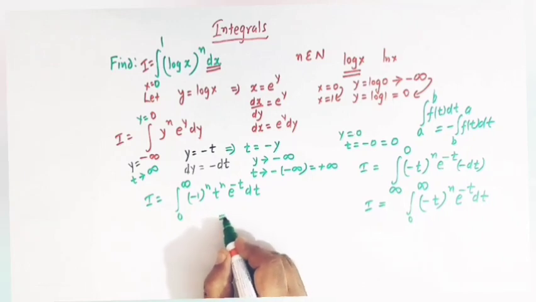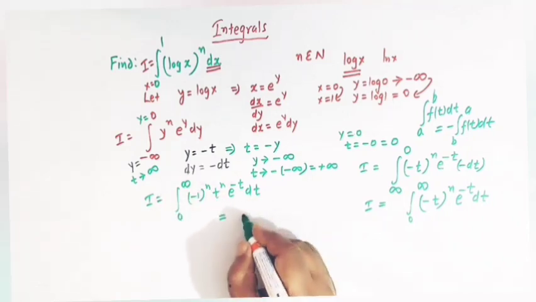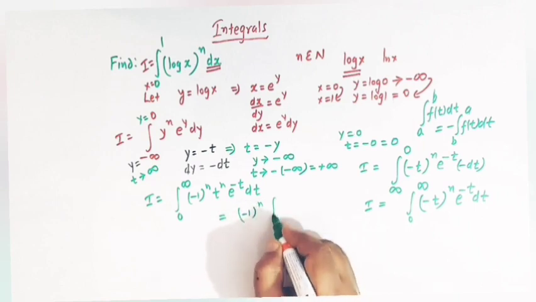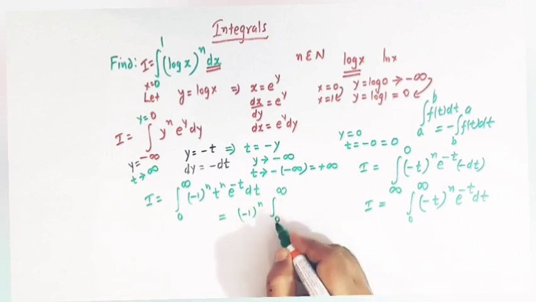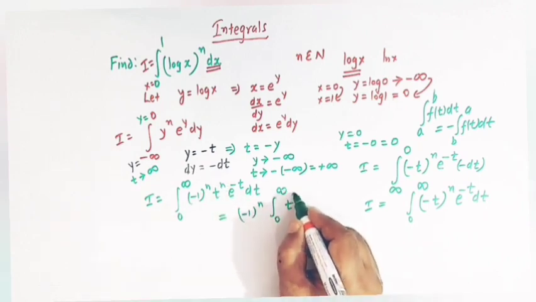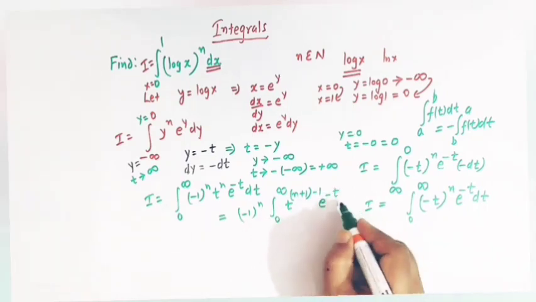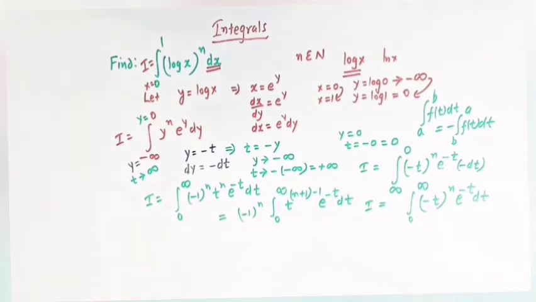So now we can take this minus 1 raised to n outside the integral, and then we can write 0 to infinity t raised to n as n plus 1 minus 1, right? And here we have e raised to minus t dt, right?